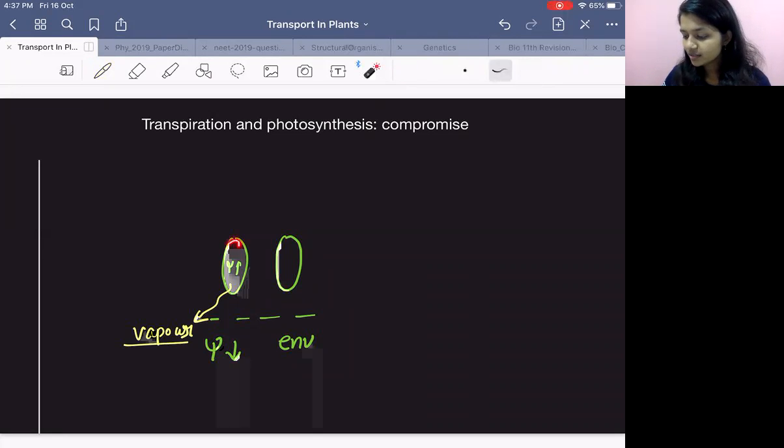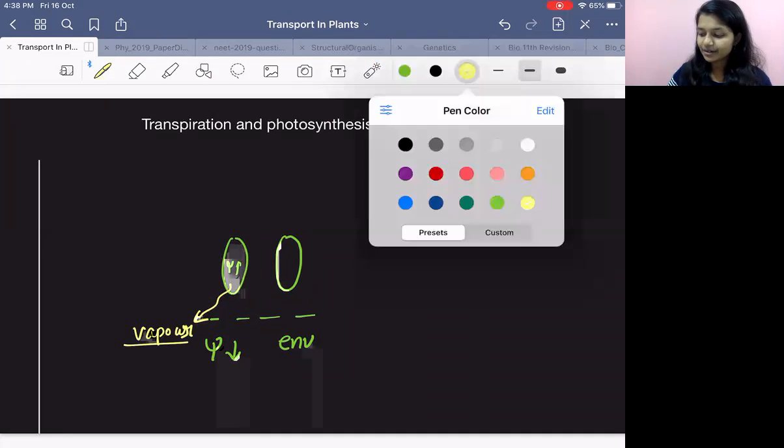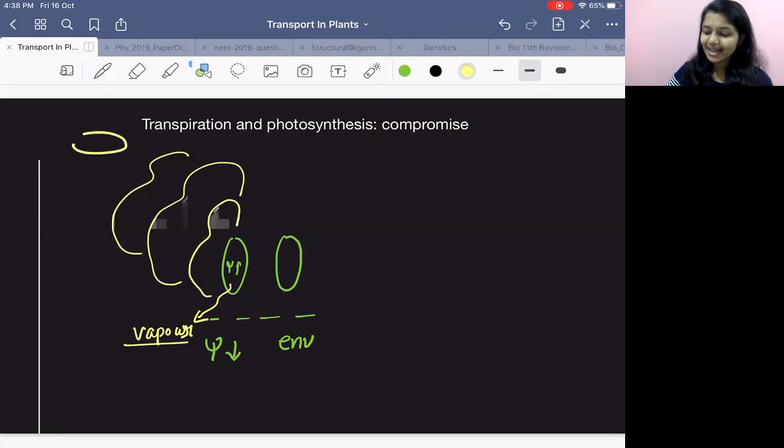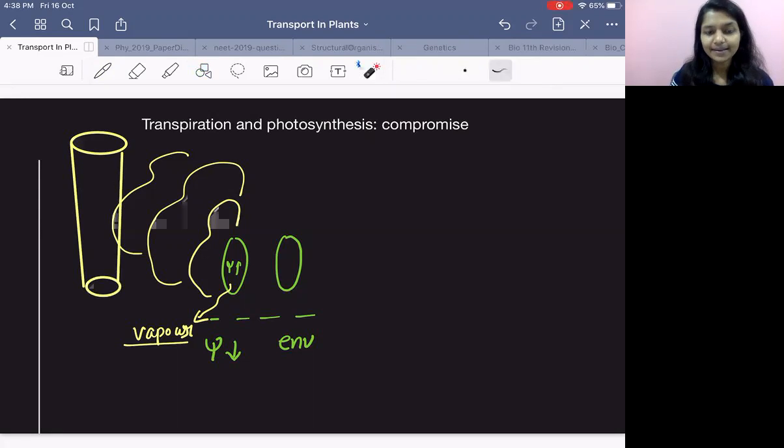Now think wisely. The moment the water came outside from the guard cell, what happened to the water potential? It was high. But now, since you have taken out water, tell me what might have happened. The water potential will go low or become high?